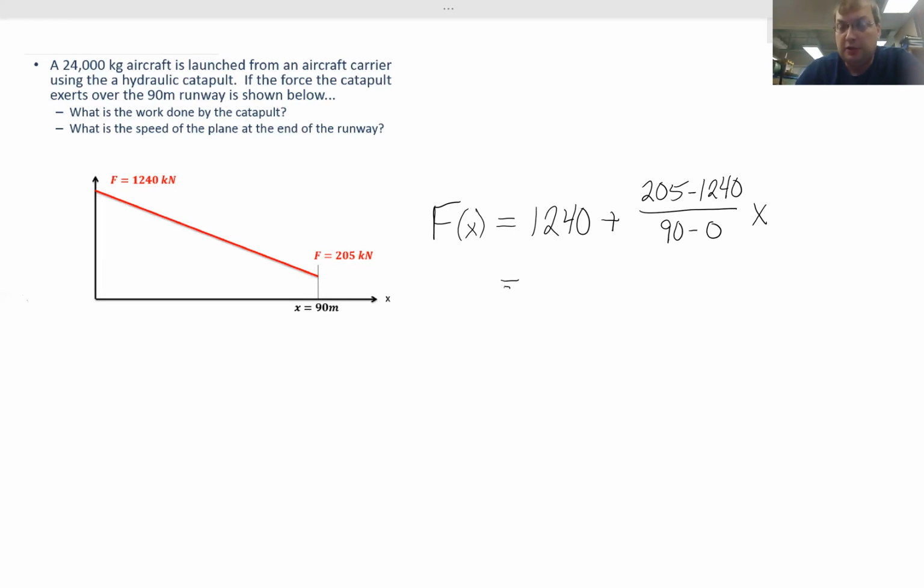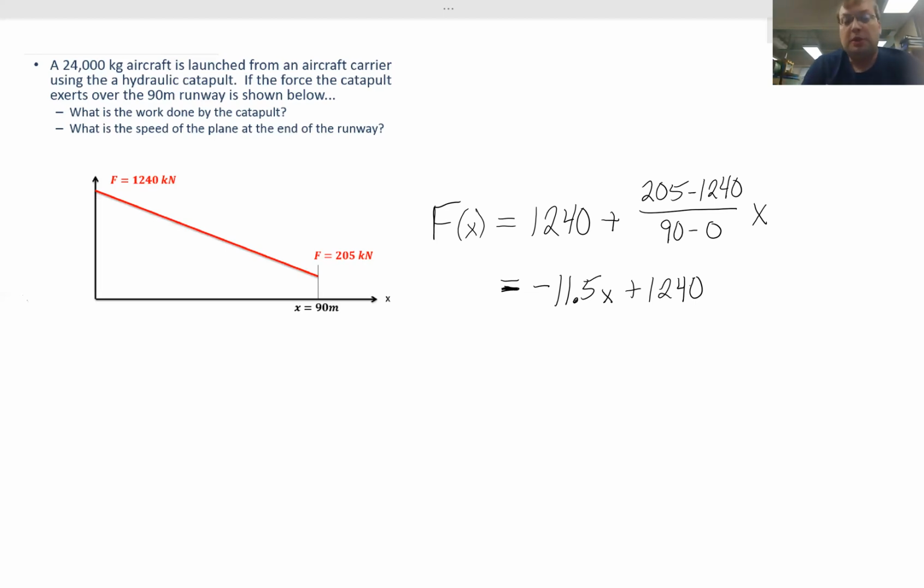If we solve this through, we can rearrange into an equation of negative 11.5 multiplied by x plus 1240, so that we get the initial value that we desire. And the units of that are in kilonewtons.